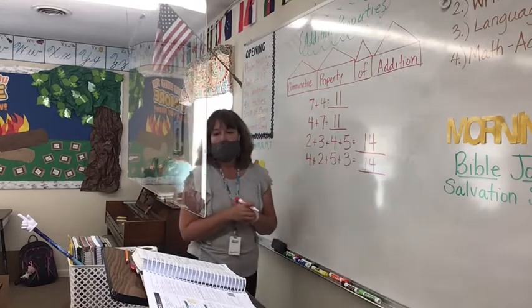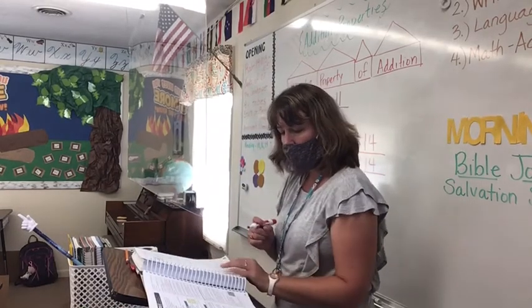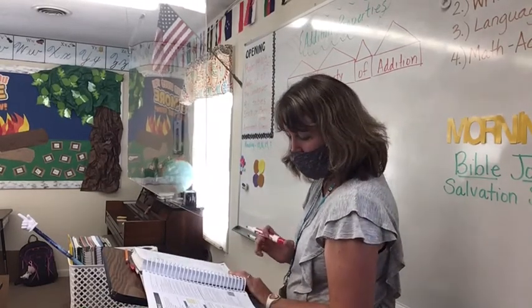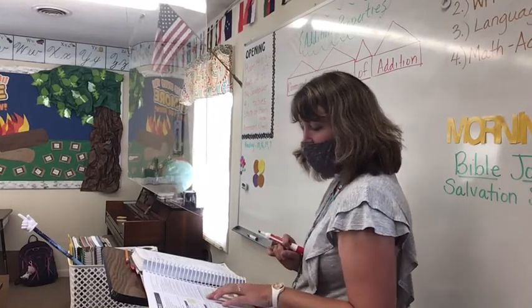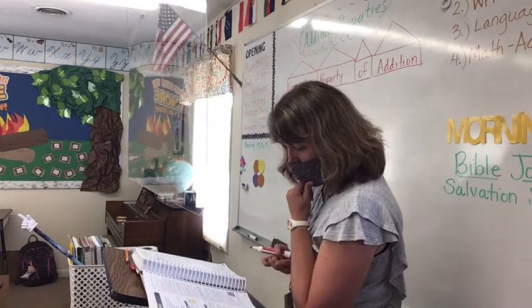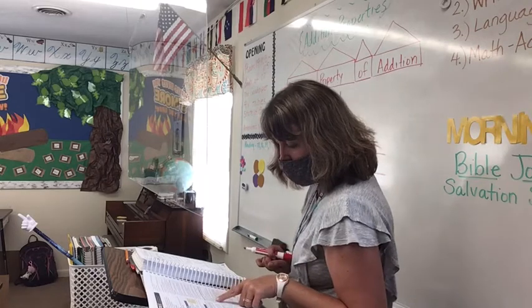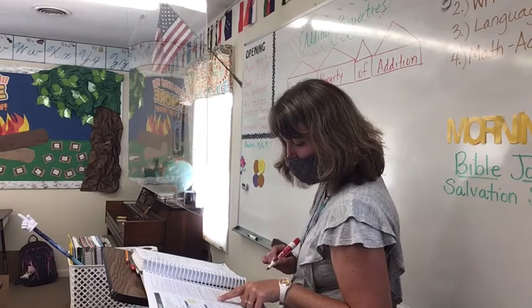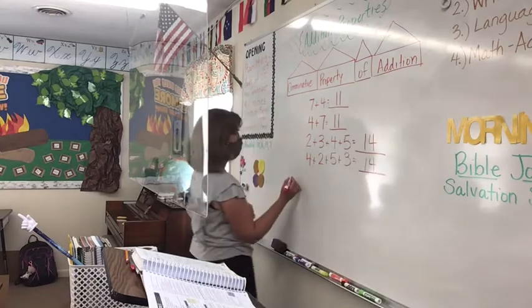All right, so that is the first property we're going to learn about. And the second property is called the associative property of addition. Let me think how we can draw that.